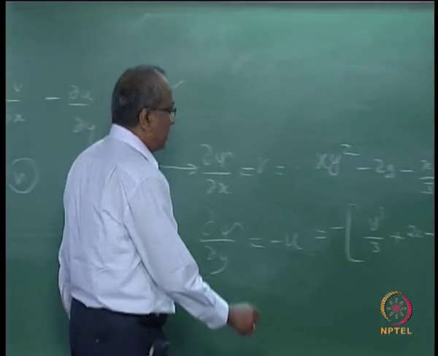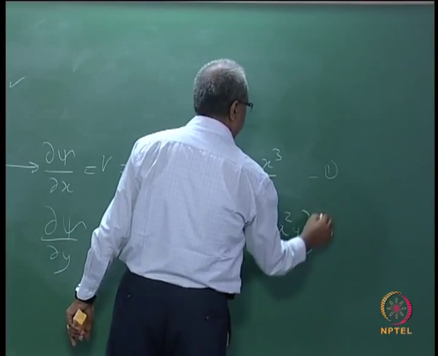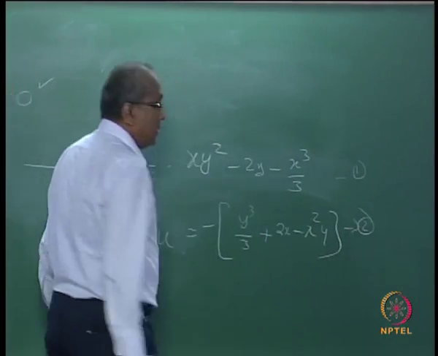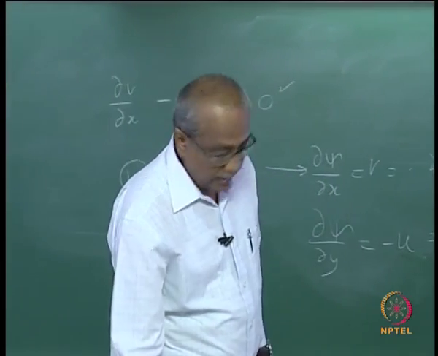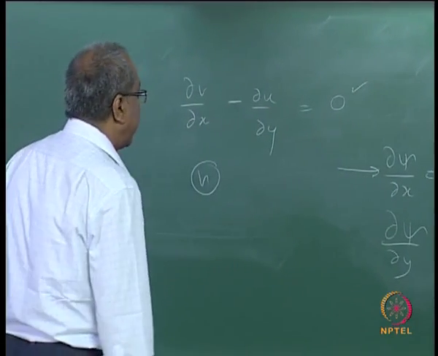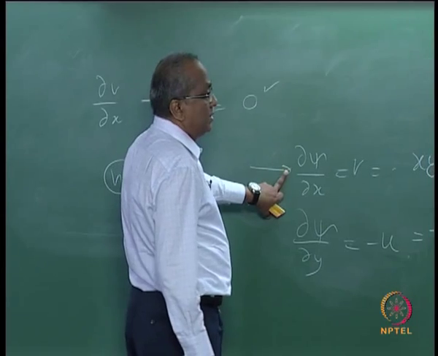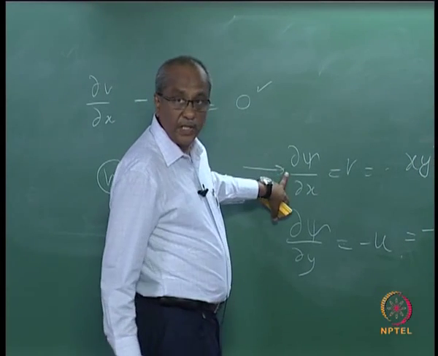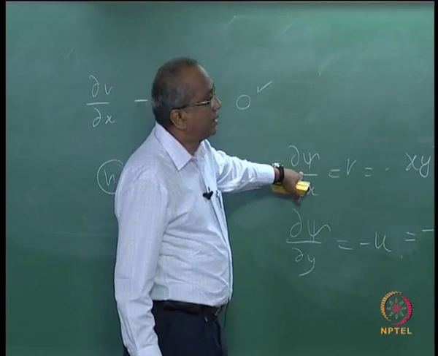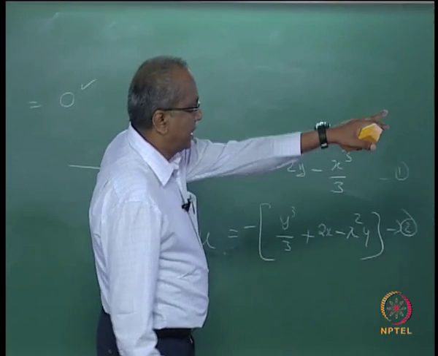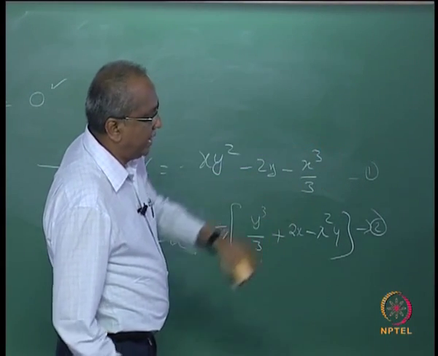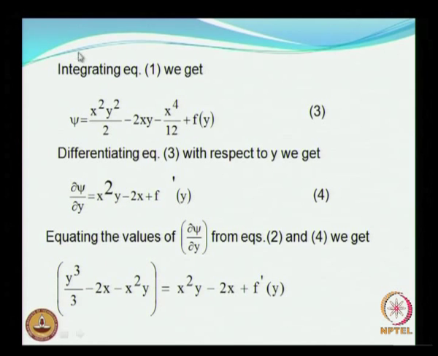So let me call this equation 1 for this problem alone, so it is easy for you to understand. So now integrate this one. Once you integrate this, what are you going to get? You are going to get psi. So integrate this and you are going to get the expression for psi, which is this, and this is the integration constant, which is going to be a function of y.